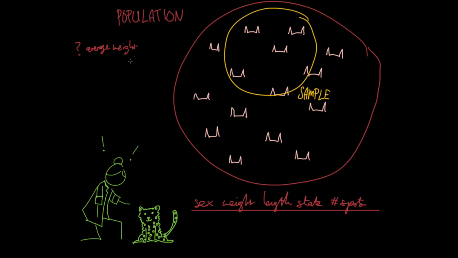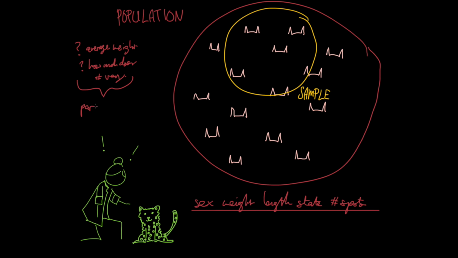But they could also include something like, how much does the number of spots vary? We call these facts about the population, the properties of the population, parameters.